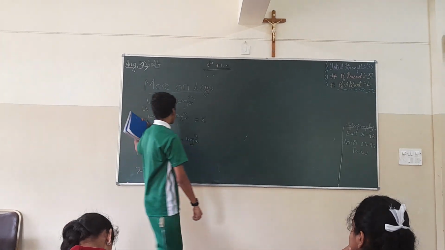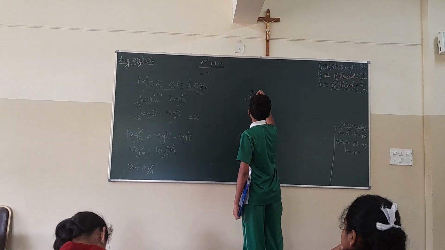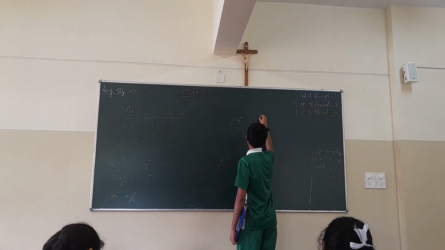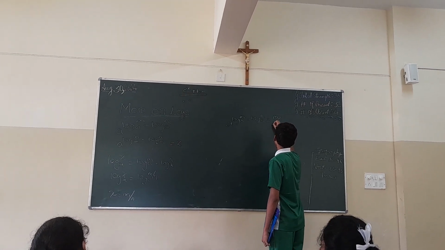What's the value of x? x is nothing but a raised to log m to the base a minus log n to the base a, which is equal to m by n.